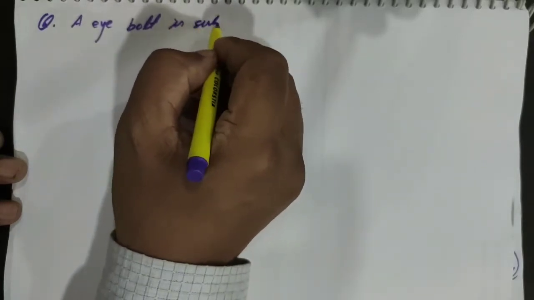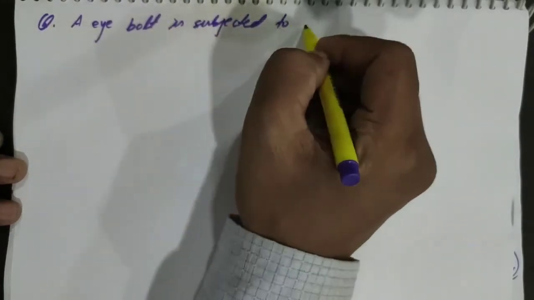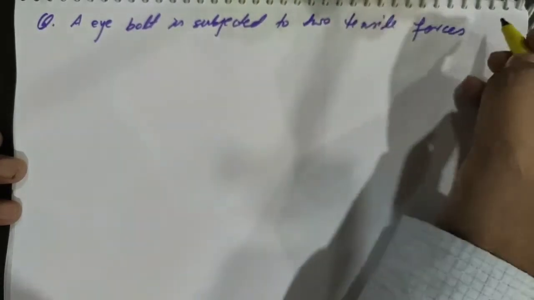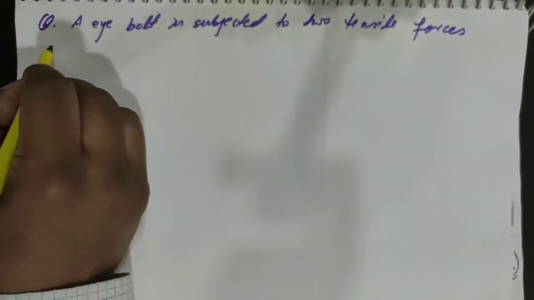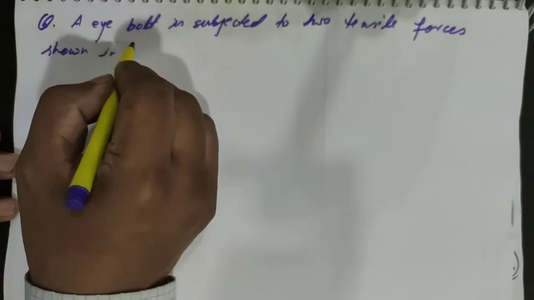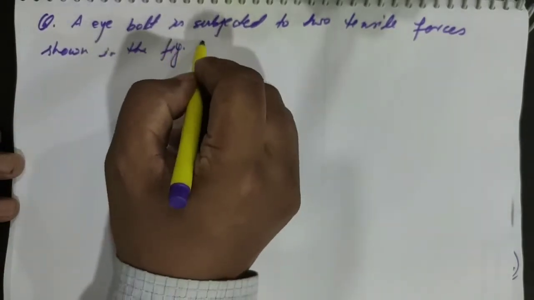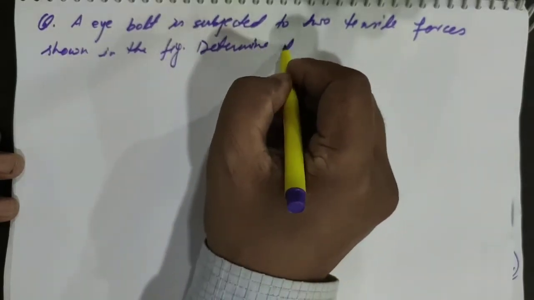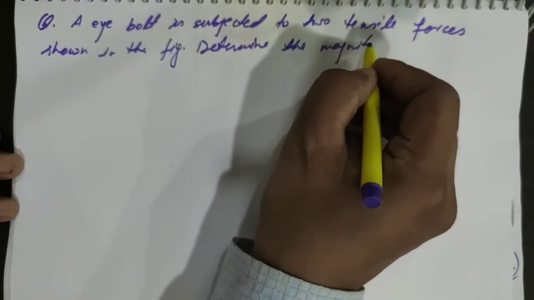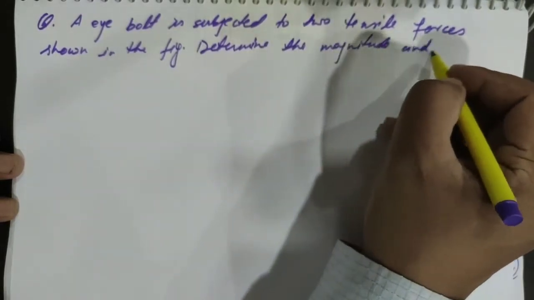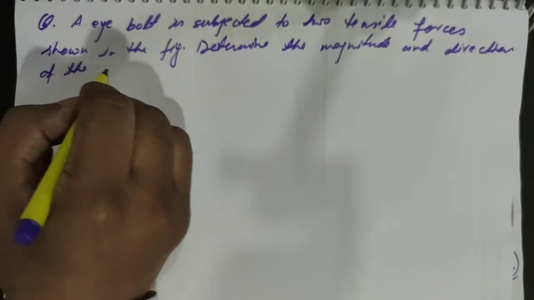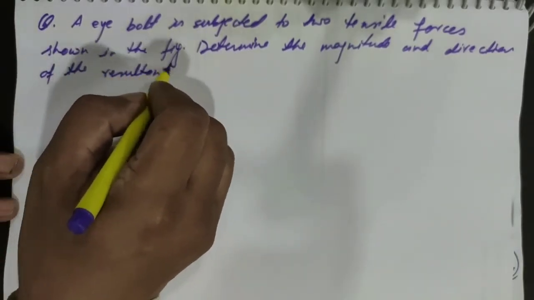One eye bolt is subjected to two tensile forces shown in the figure. Determine the magnitude and direction of the resultant force.